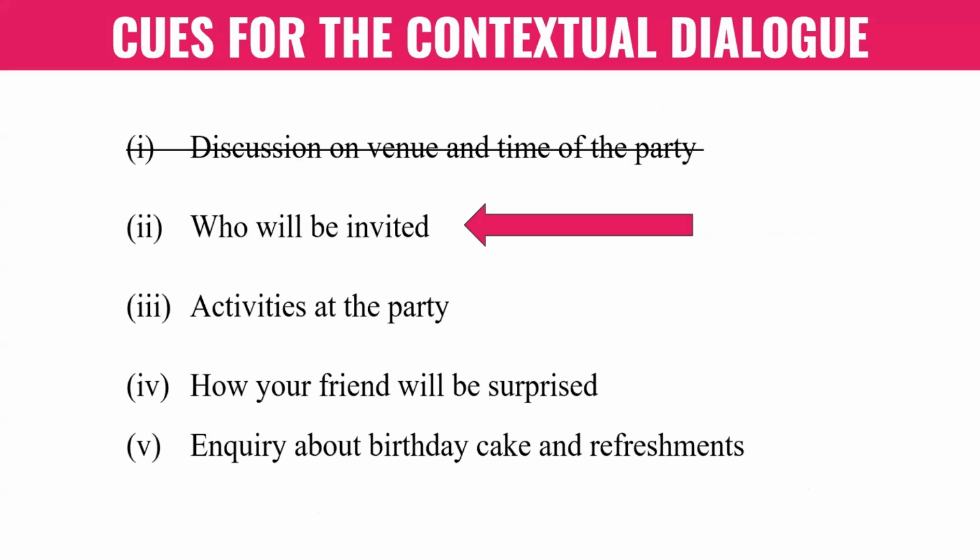So you can see that we have crossed out the first one, a discussion on venue and time of the party. And now we're looking at cue number 2. Who will be invited? Remember, because she said she doesn't know who to invite. So this is obviously cue number 2. This is where cue number 2 comes in. Okay, so let's continue.